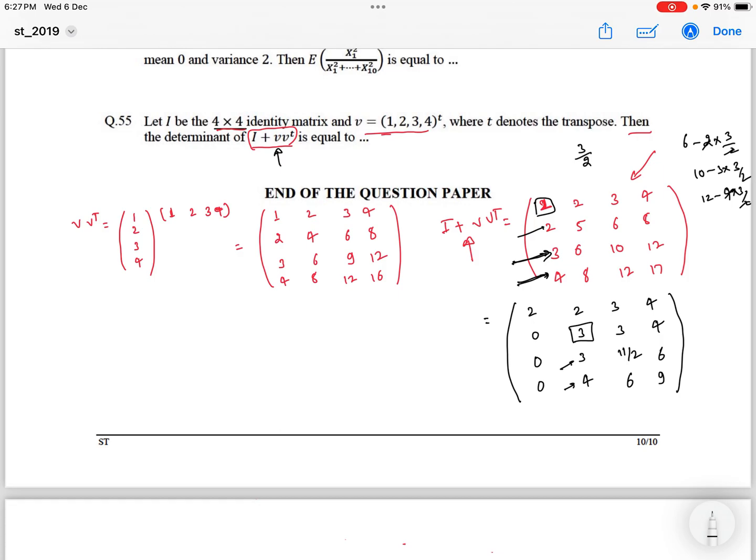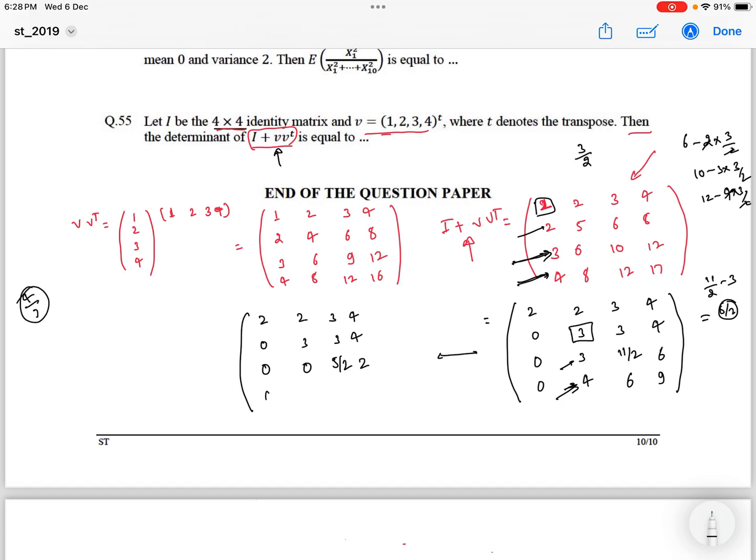Now next we will pick this as a pivot, and we will make these entries 0. So let's do the elimination further. We will keep the first row as it is, the second row has no effect, and in the third row, here it will be 0, here we will have 0, and 11 by 2 minus 3, so it will be 5 by 2, and 6 minus 4, that is 2. And now we will make this entry 0, so our multiplier will be 4 by 3.